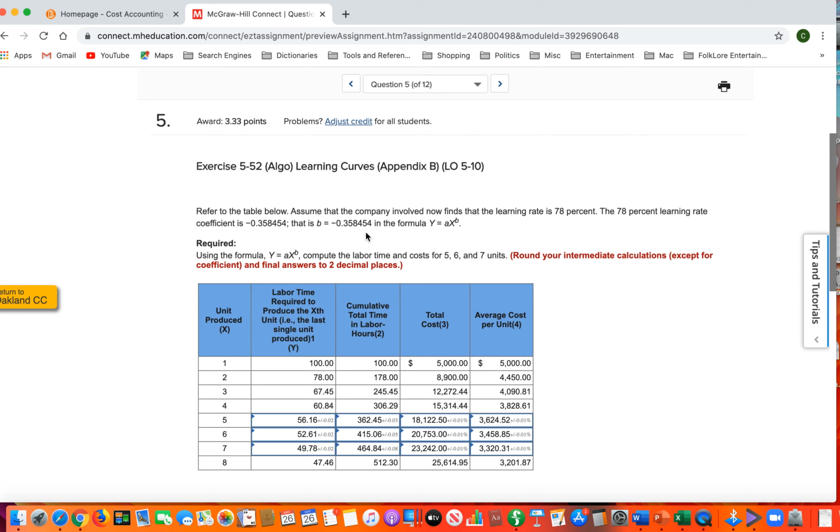Anyway, just know that every time the output, or the number of units produced, doubles, that's when the learning curve percentage applies. If you want to calculate the time required between the doublings, like at 3 or 5 or 6, you're going to need a formula like this up here, which we're not going to be using.